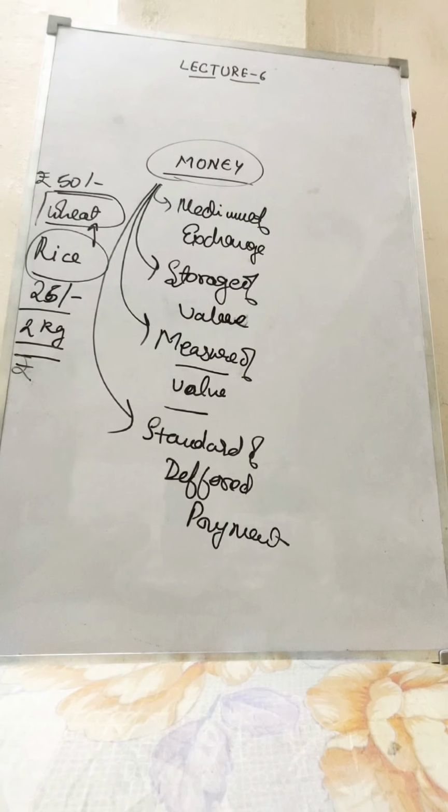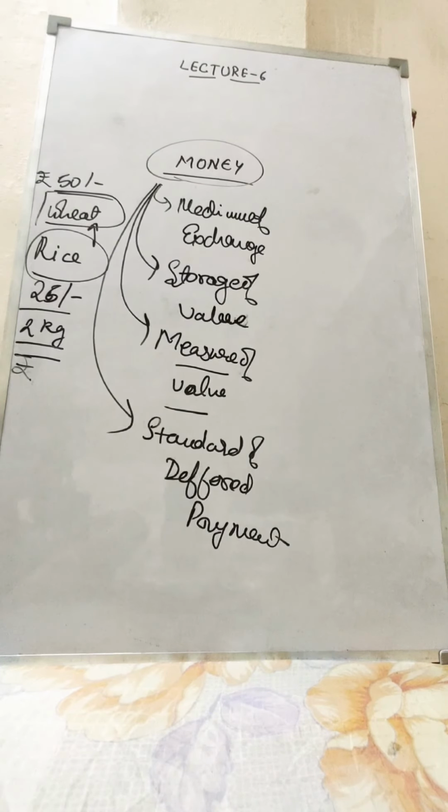All right. Although we have done these things in the previous lecture also, when we stated what problems money overcame compared to barter exchange, now we are doing what actually defines money.